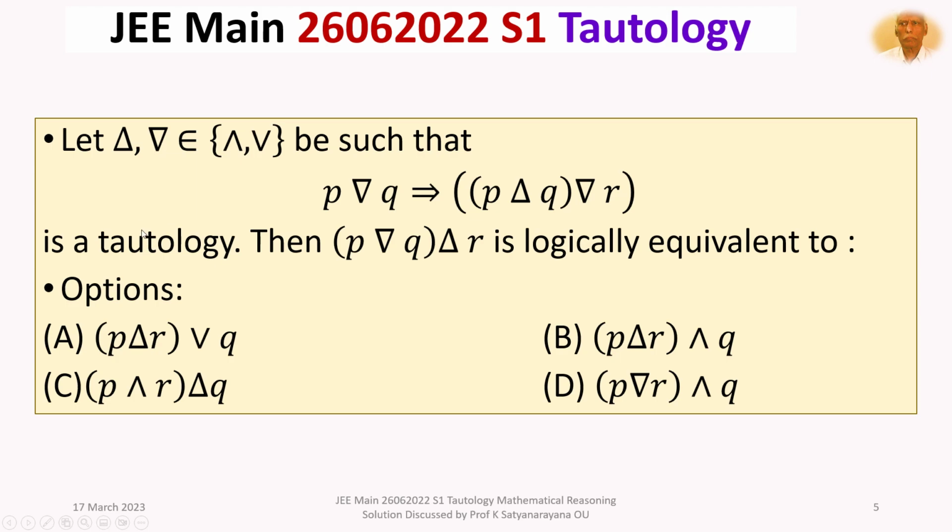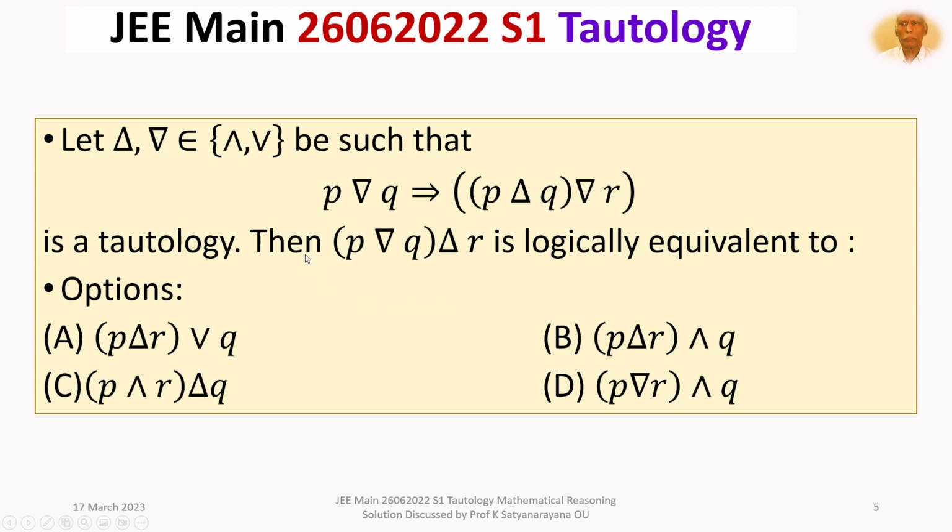We are given two symbols, delta and del, belonging to the set of logical connectives containing and, R, such that P del Q implies P delta Q del R is a tautology.